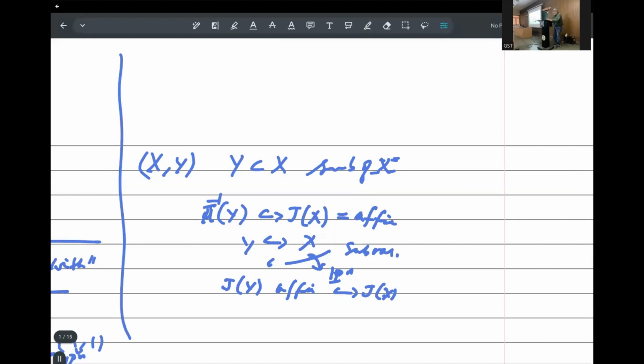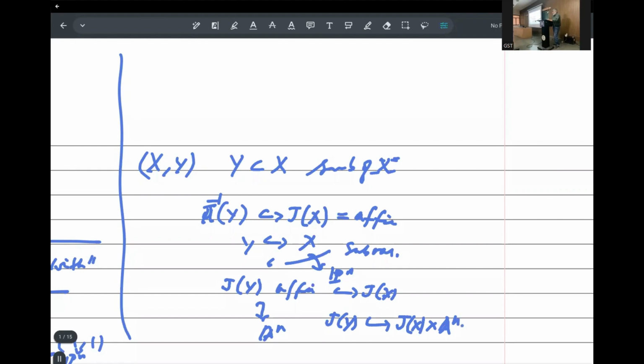But Y may not be closed in X. That's the only catch that we have. But since it's affine, you can embed it as a closed subvariety of affine space A^n for some n. And then I can think of J of Y as sitting inside J of X cross A^n.